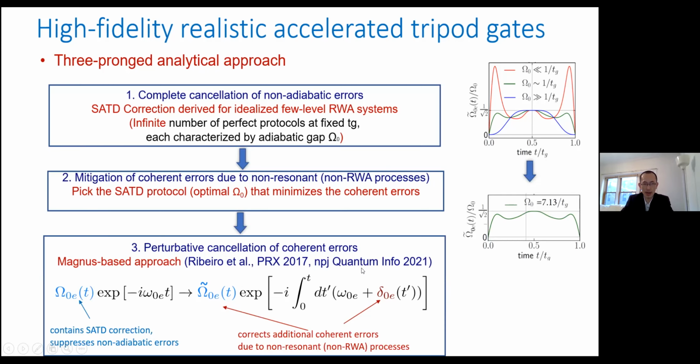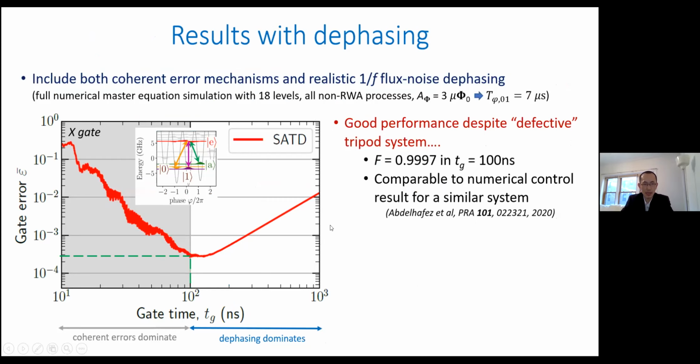Okay, let's see how this pulse here performed. So here is the results. Again, is the plot of standard state average gate error versus gate time. And here is the result obtained from a full numerical master equation simulations by including 18 lowest level of the fluxonium.